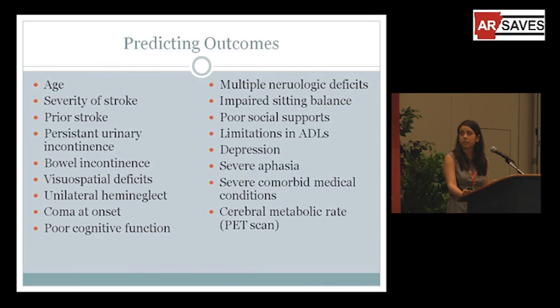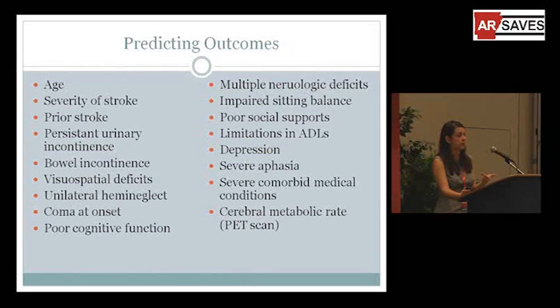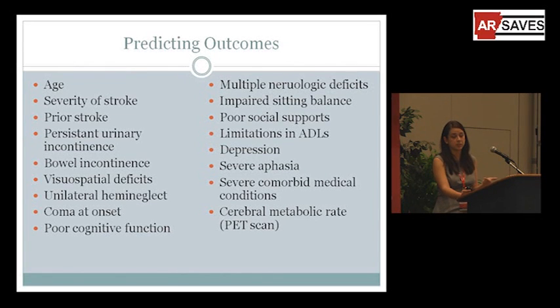Your discharge disposition and your outcomes after stroke are related to many things. Just your initial ability after stroke and your urinary and fecal incontinence are the two big issues for functional outcomes and discharge disposition after stroke. But many things play a role.